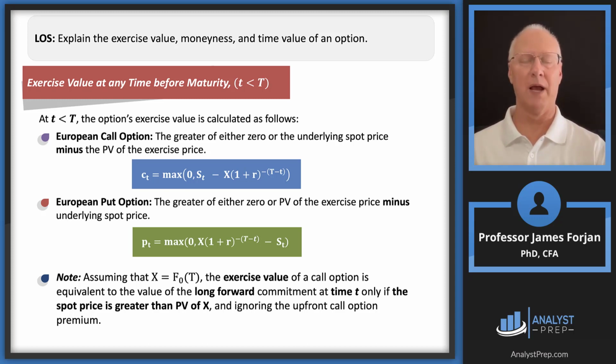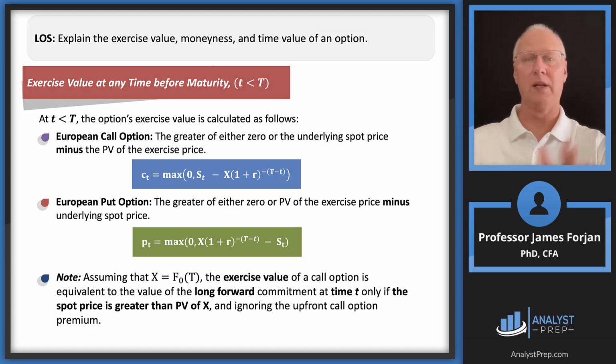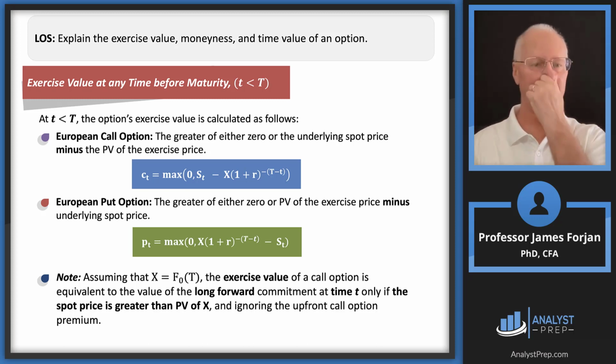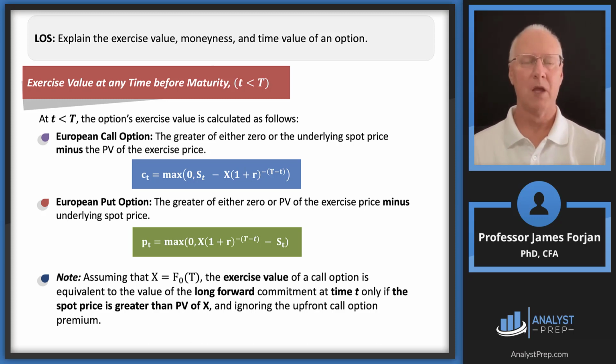So we're going to multiply it by 1 plus R raised to the minus, and we're going to take the difference between the longer term, right? The T is all the way to the end, minus that time period in between. So when you raise something to the minus, you divide, so we're taking present value.